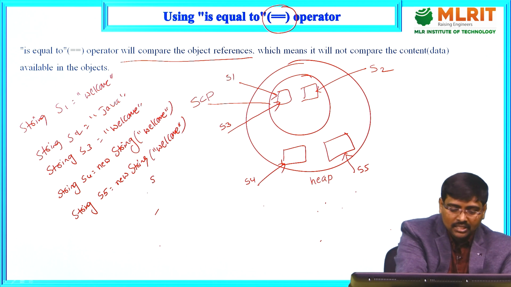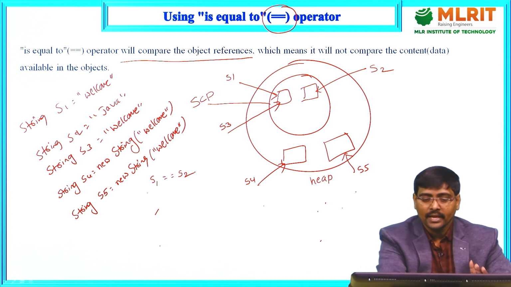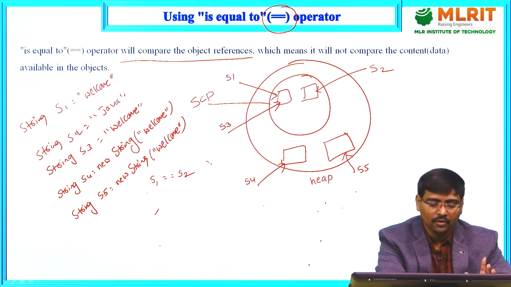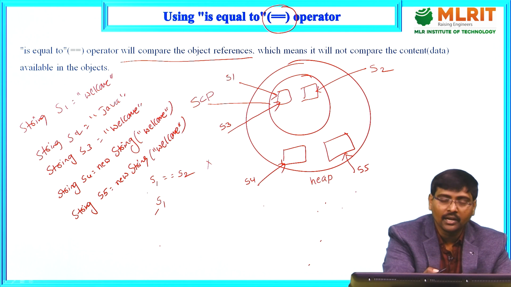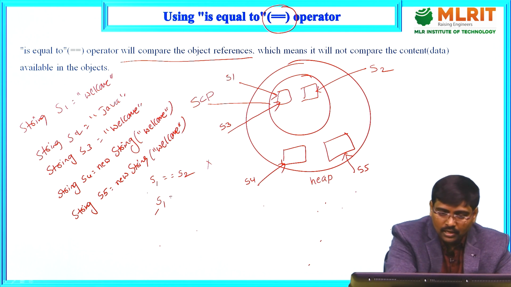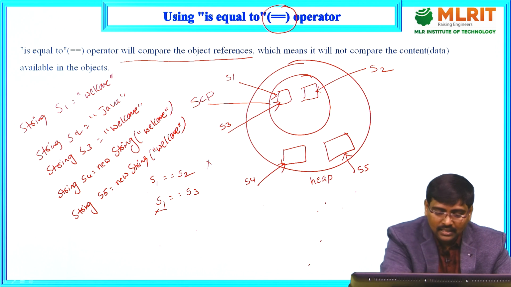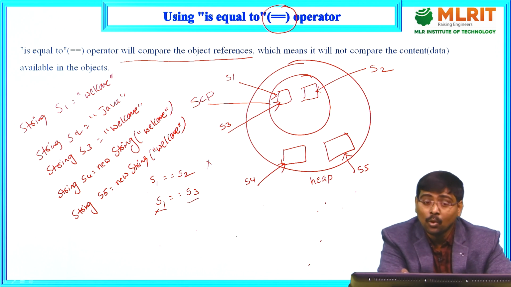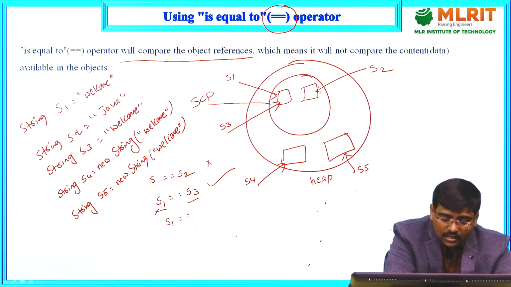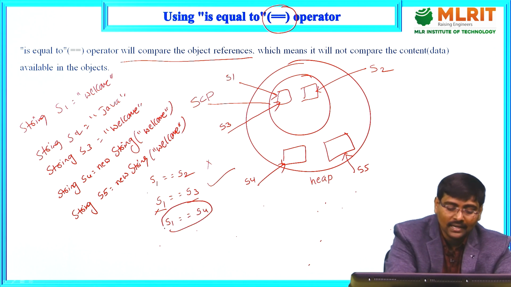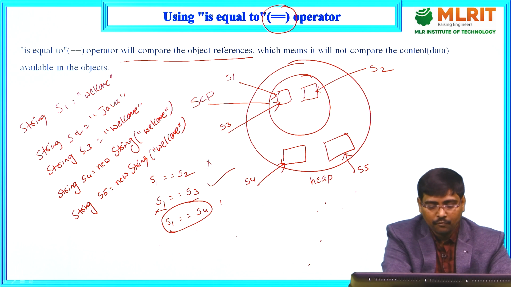Now, S1 is equal to S2. Check. S1 address, S2 address, both are different. The answer is false. The return type is Boolean. S1 is equal to S3. S1 address, S3 address, both are the same. The result is true. Now, S1 is equal to S4. What is the answer? False.